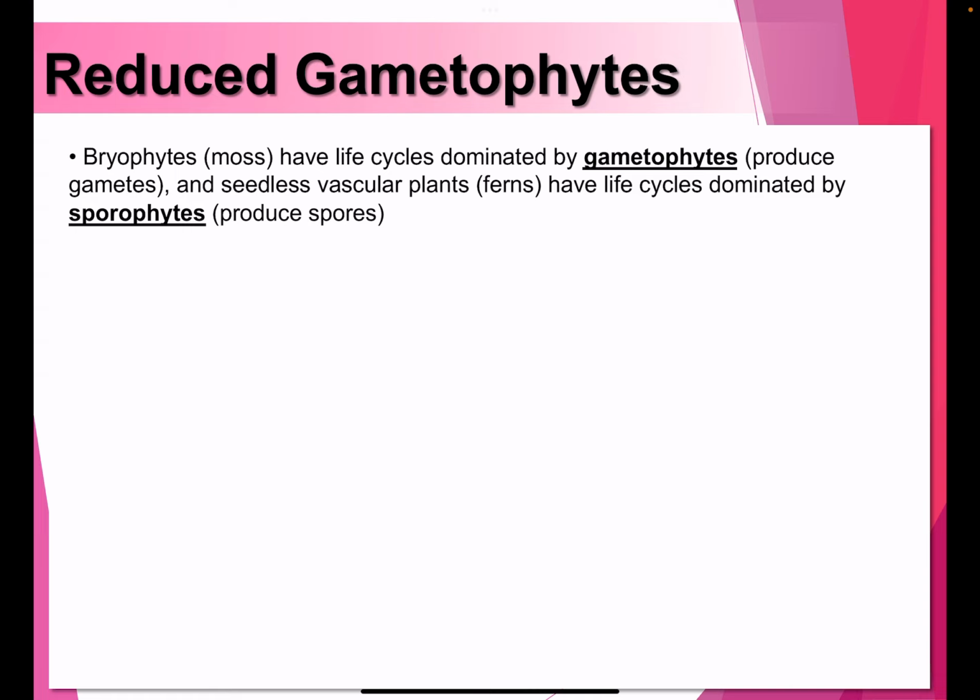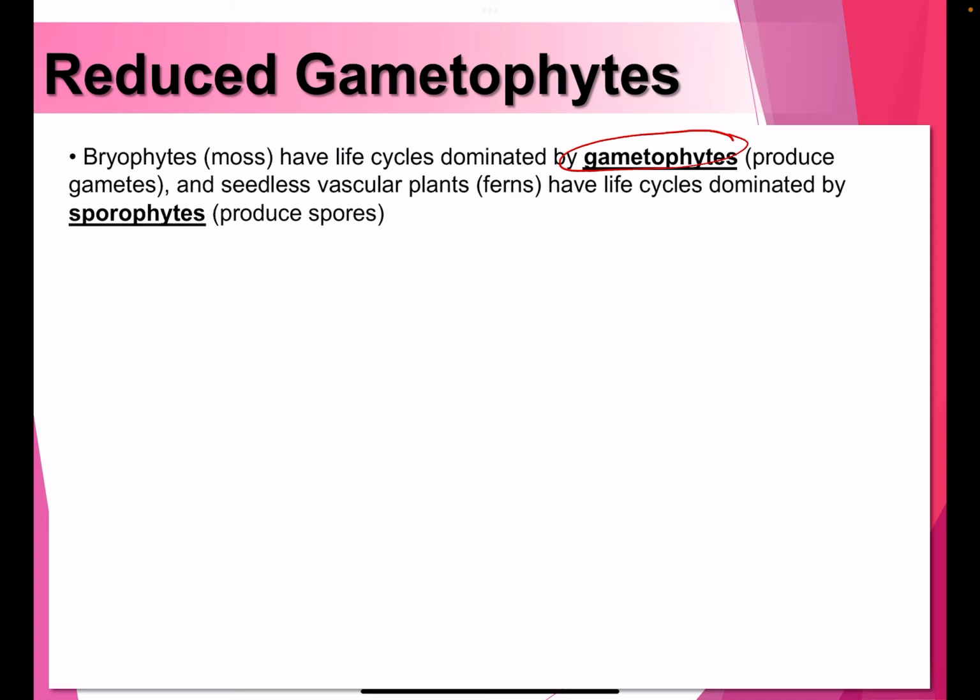So again, in the last chapter, we said that bryophytes, which includes moss, have a life cycle that is dominated by gametophytes. If you remember, gametophytes are defined as those that produce gametes, and gametes are defined as your sperm cell and your egg cell.